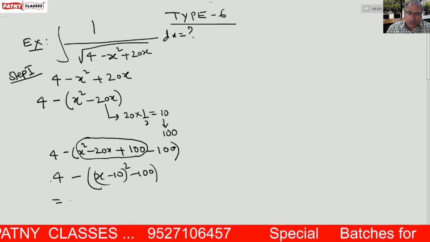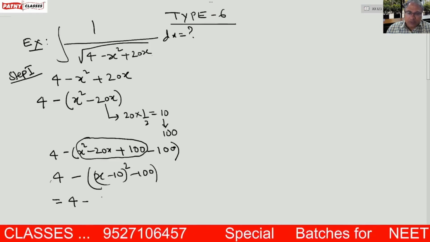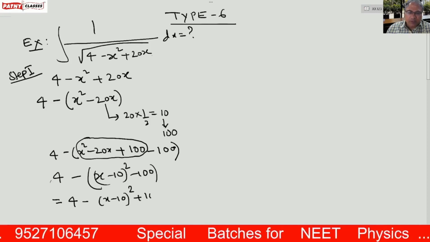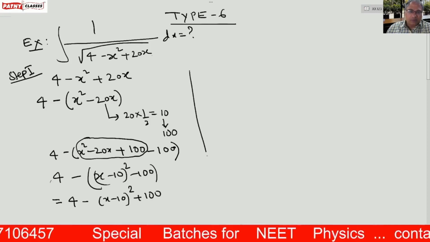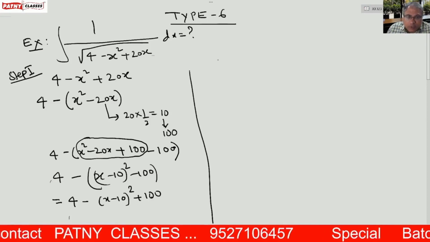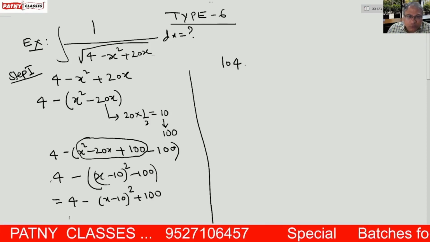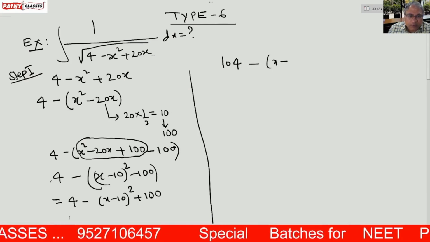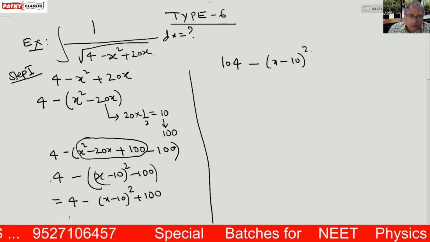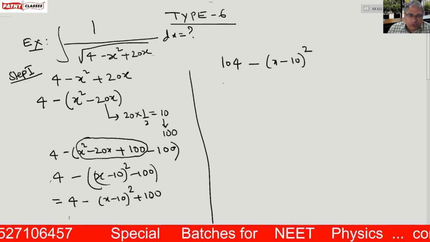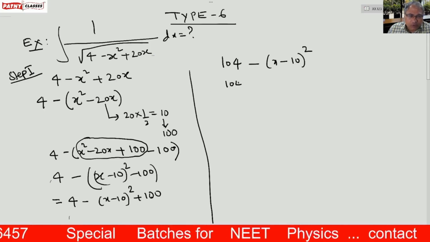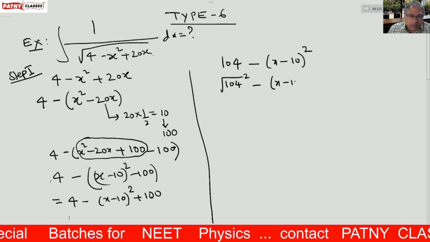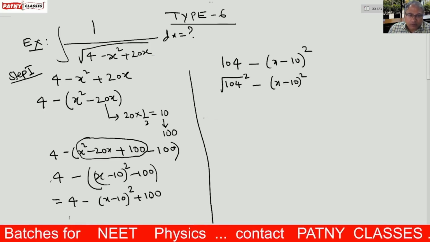Now opening the bracket, 4 minus x minus 10 whole square plus 100 equals 104 minus x minus 10 whole square. 104 can be written as root 104 square minus x minus 10 whole square.